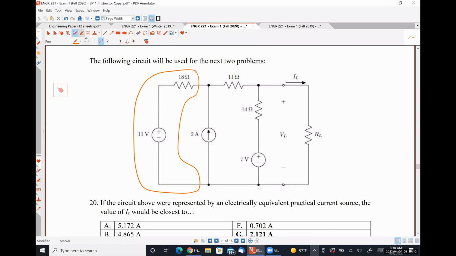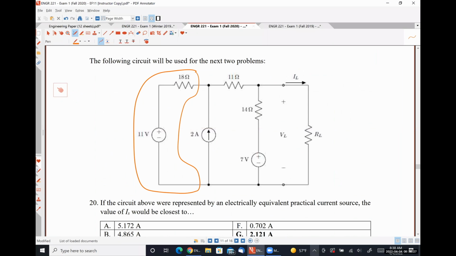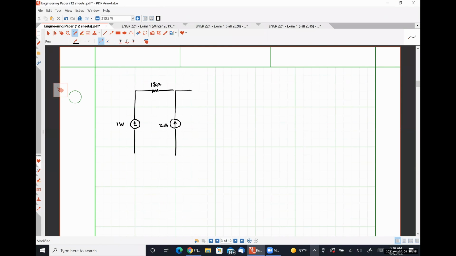So 11, 18, and 2. 11, 14, and 7. Okay. 11.